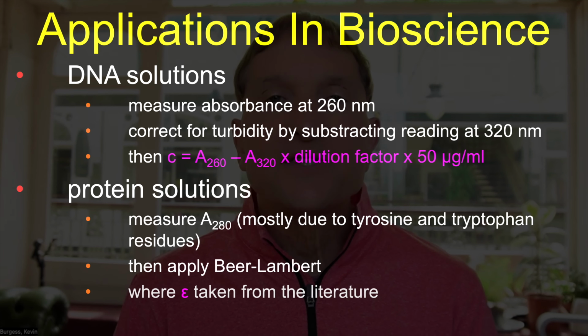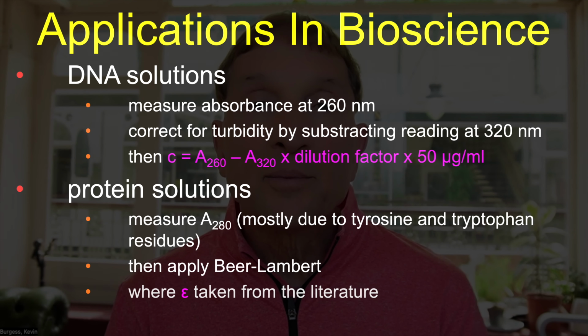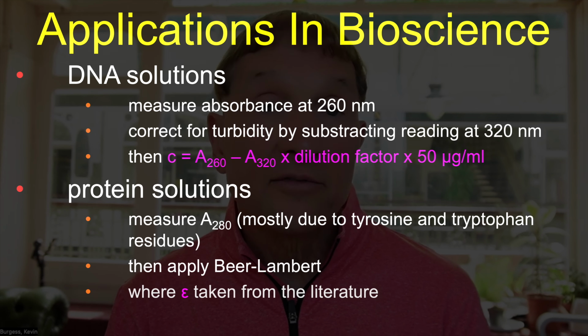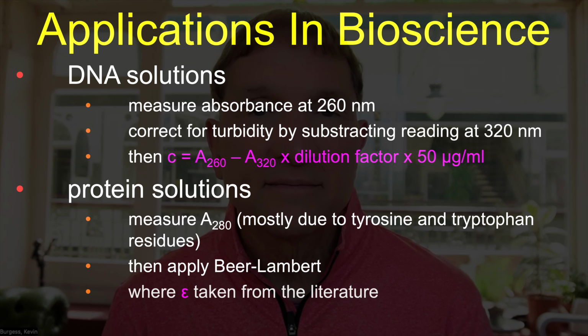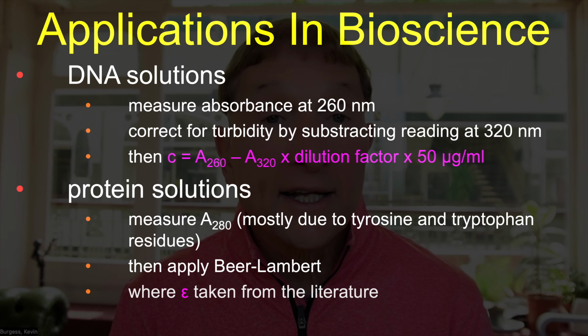Similarly, for proteins, absorbance can be measured at 280 nanometers, then applying Beer-Lambert's law. A equals epsilon CL, where epsilon is taken from the literature according to how many tryptophans and tyrosines are in the protein. Trp and Tyr are two genetically encoded amino acids that have significant absorbances at 280 nanometers.